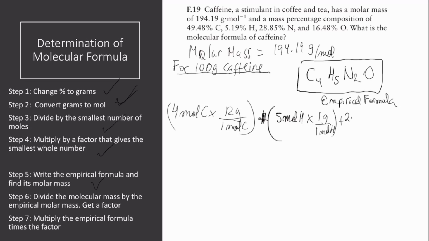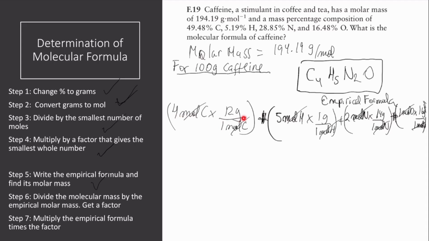We add 2 moles of nitrogen, multiplied by 14 grams for every mole of nitrogen. And finally, 1 mole of oxygen, multiplied by 16 grams for every mole of oxygen. Notice that in every case, the units of moles cancel, and we're left with units of grams.